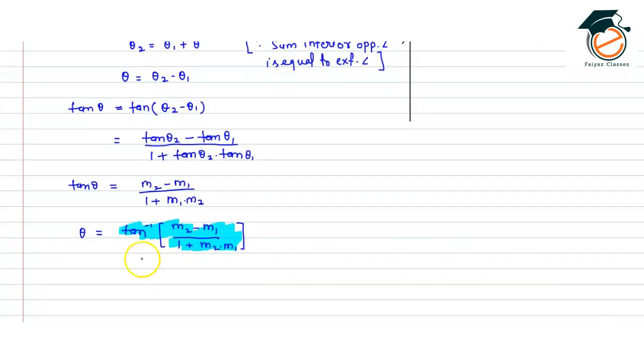If theta is equal to this, then tan of pi minus theta is equal to minus tan theta, that is minus (m2 minus m1) divided by 1 plus m1 into m2.